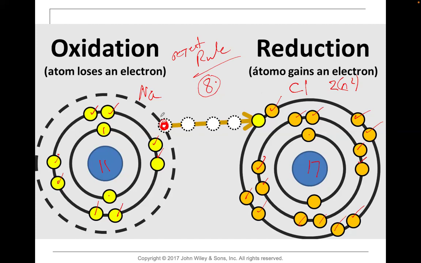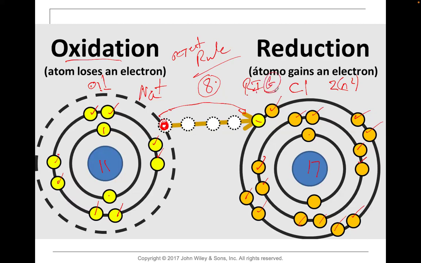So sodium says, hey, I'll donate one of my electrons here. I will lose one, so I become positive because electrons have a negative charge. I will lose an electron. That's OIL. Oxidation is losing an electron, which it did, whereas chlorine is gaining the electron, which is the RIG, OIL RIG.